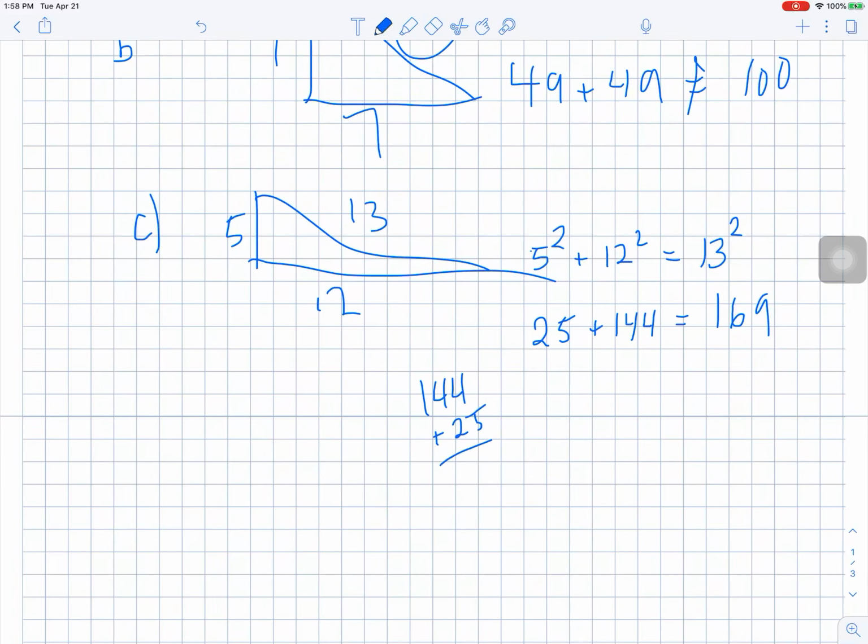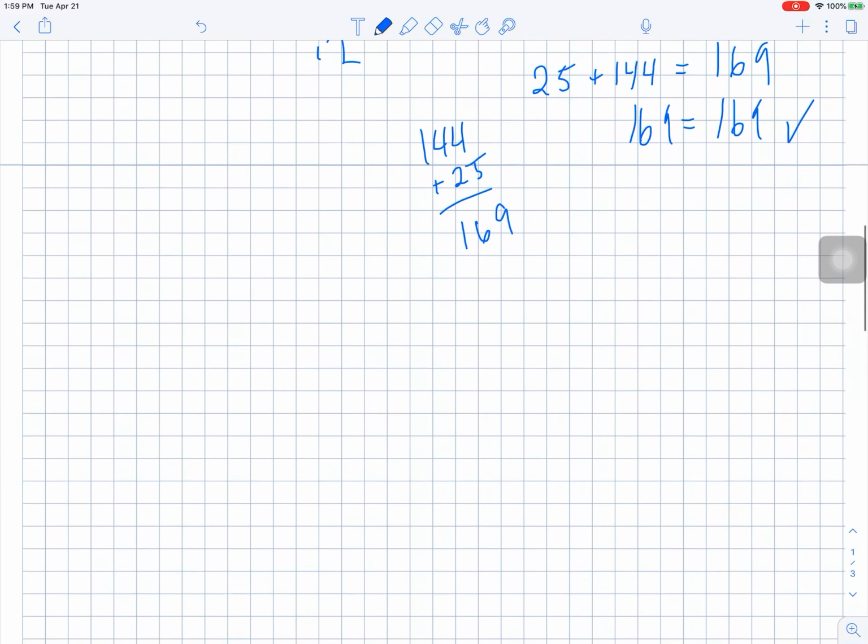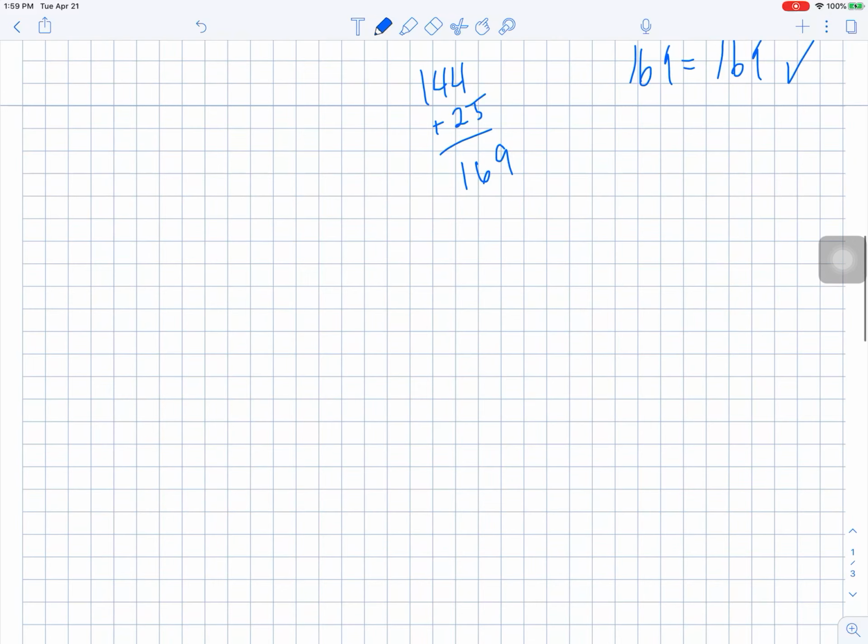Let's try it. 144 plus 25, and you can already see that 169 equals 169. Yes, this one is a right triangle. So you can use the Pythagorean theorem on right-angled triangles. That's the only one that it's going to work on.